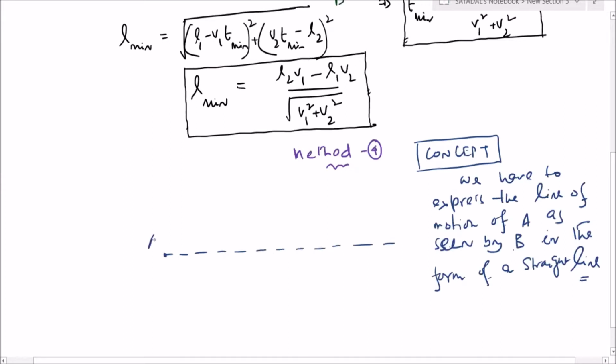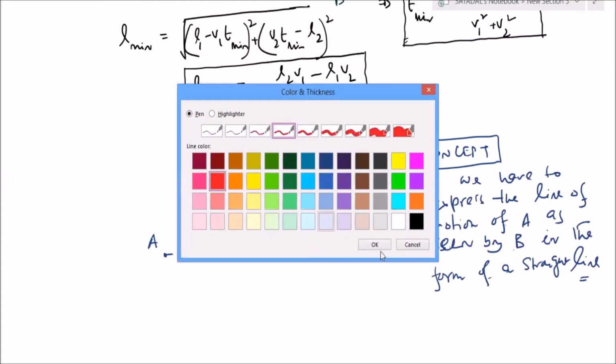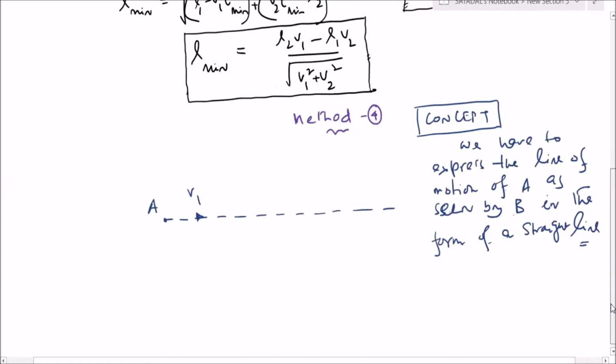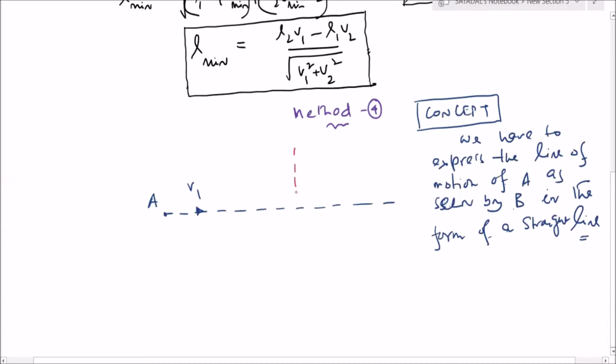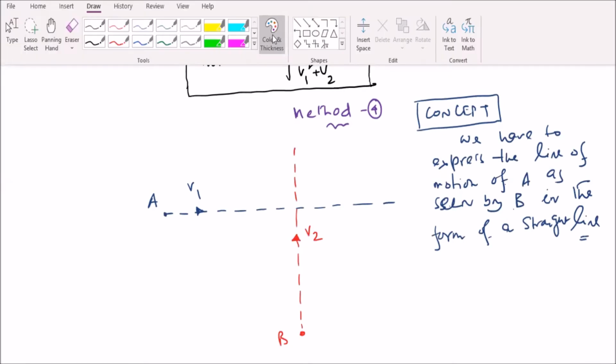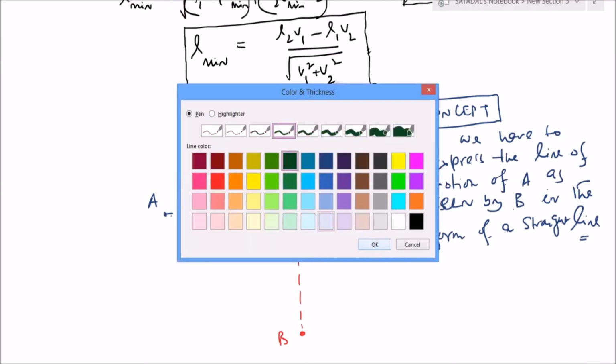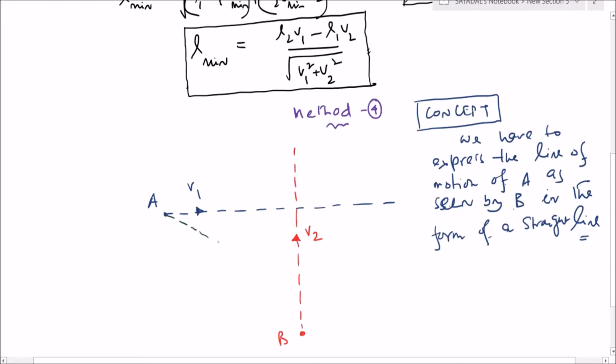In this direction A was moving with velocity v1, and along this line B was approaching with v2. As the motion is seen from B, this is the line of motion of A as seen by B that we have checked already in method 1.